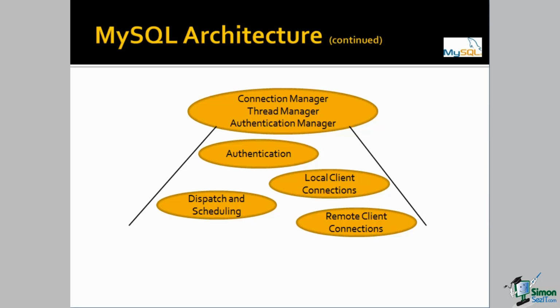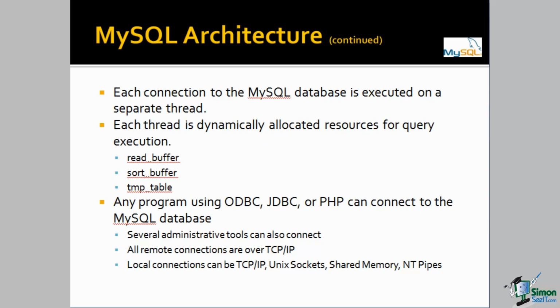And once we have that connection, the dispatcher and scheduler is responsible for ensuring that the connection has a thread on which the work can be accomplished. So things that are important to note about this category of functionality provided by MySQL is that when we connect to the MySQL database, our connection gets a separate thread of execution.